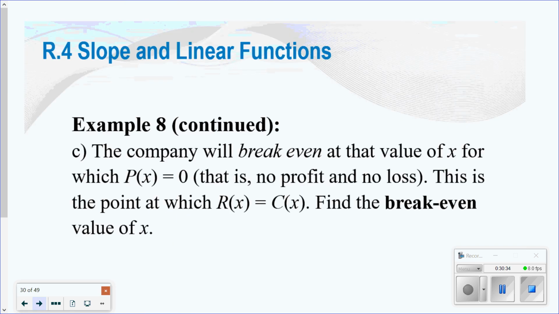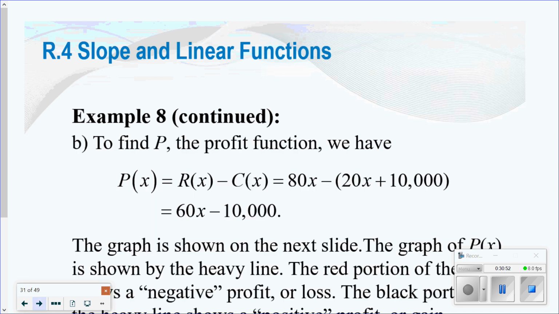Okay, break-even point is that point where revenue and costs are the same. Break-even means we didn't make any money, but we didn't lose any money. Our profit was zero. Okay, so in order to find a break-even, we're going to set revenue equal to cost.